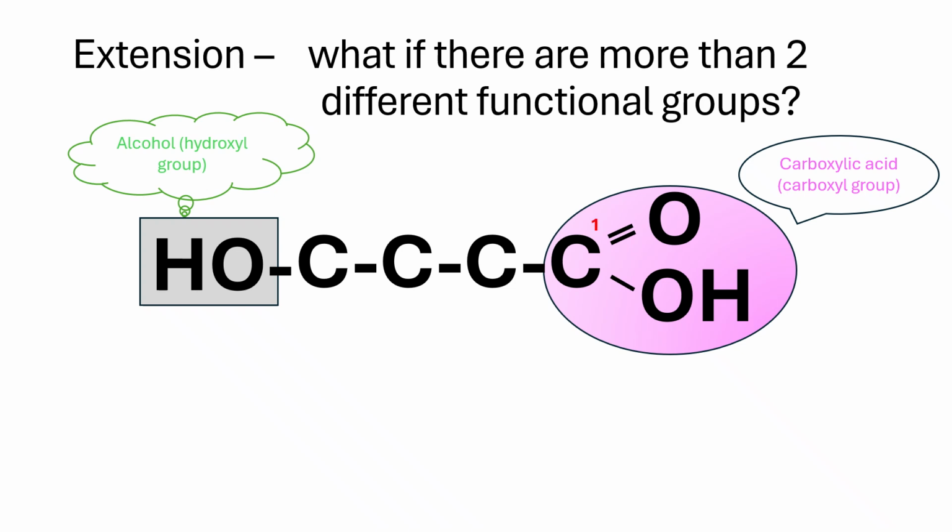So start counting from the carbon with the carboxyl group: 1, 2, 3, 4. That means the hydroxyl group is coming off the 4th carbon. So butanoic acid will be the backbone, and we will have 4-hydroxy as a prefix.